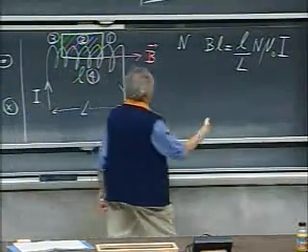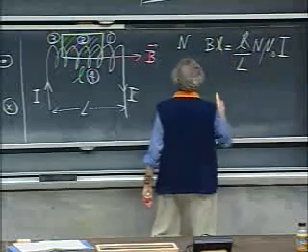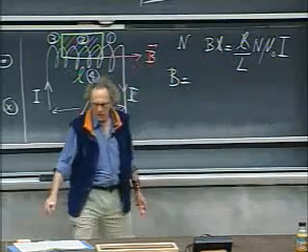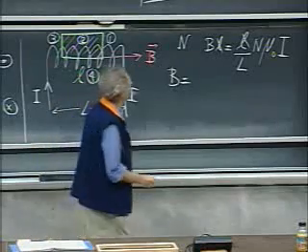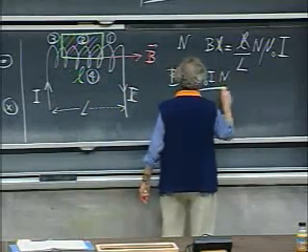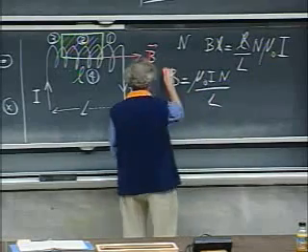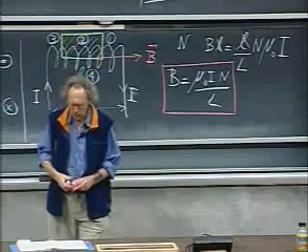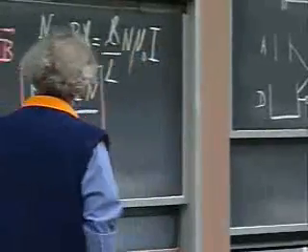And so what you see now is that B equals mu 0 times I times N divided by L. And so that is our prediction for approximately constant magnetic field inside a solenoid.